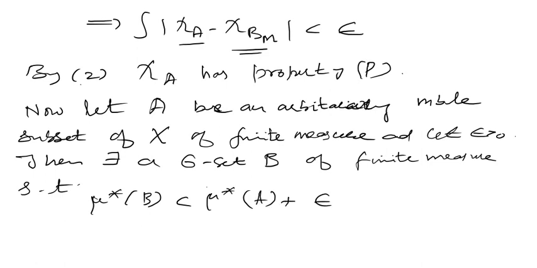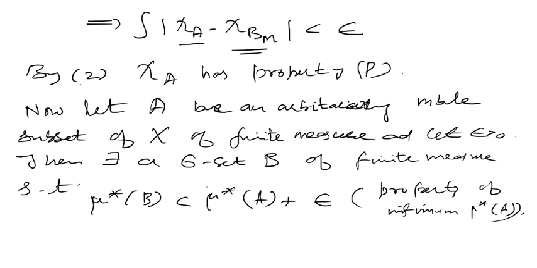Here we use the property of the infimum, since mu star of A is the infimum. So this holds. Now this B is a sigma set, so chi B satisfies the property P.